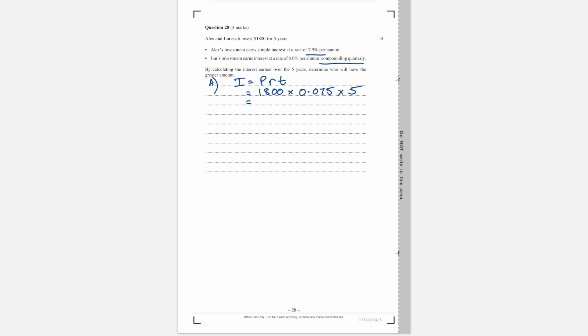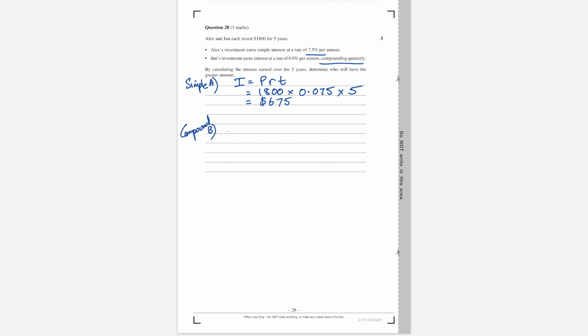All right, so putting that into our calculator, 1,800 times 0.075 times 5. So the interest earned is 675. And that's it for our first option. And our second option, so this is simple, and then this is compound.